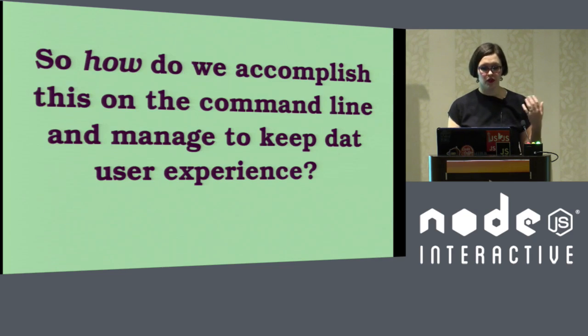So how do we accomplish such an experience on the command line? As programmers, our job does not just consist of writing code and making sure that the code is readable. It's also our job to write code that renders our programs usable, which means that when we're writing them for the command line, they also should be usable.